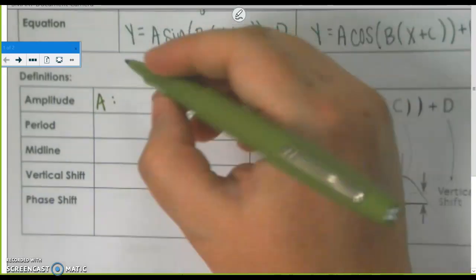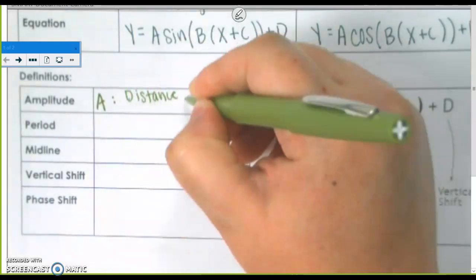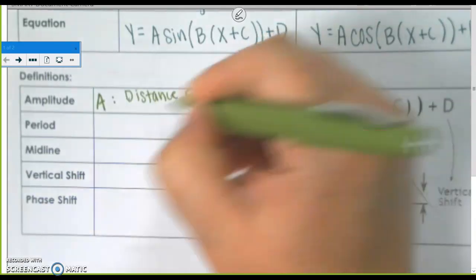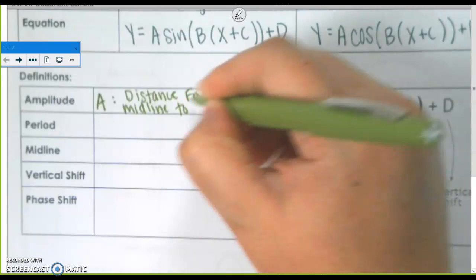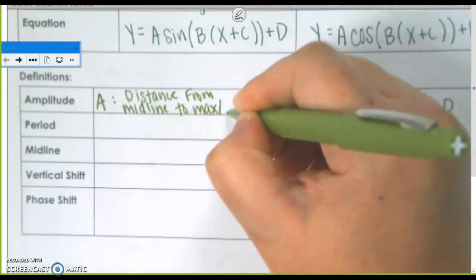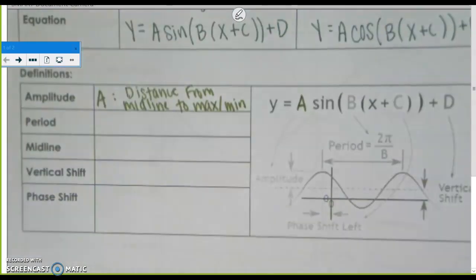The amplitude is the distance from the midline to the maximum or the minimum.